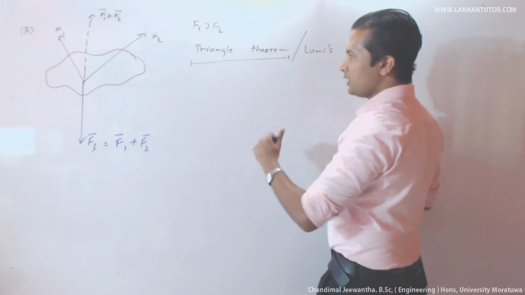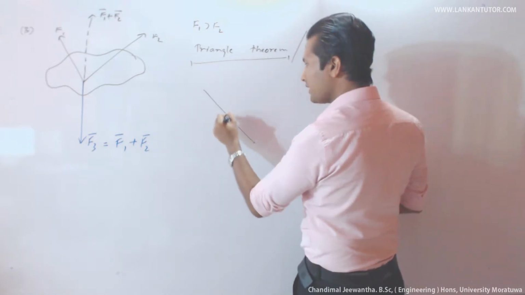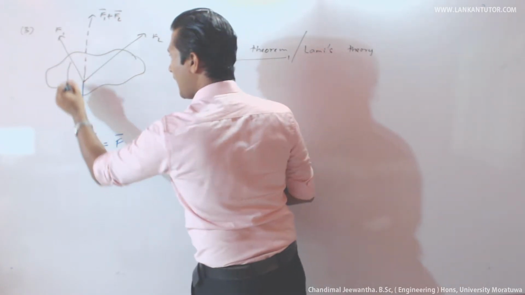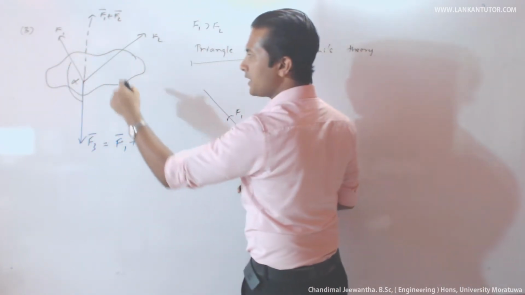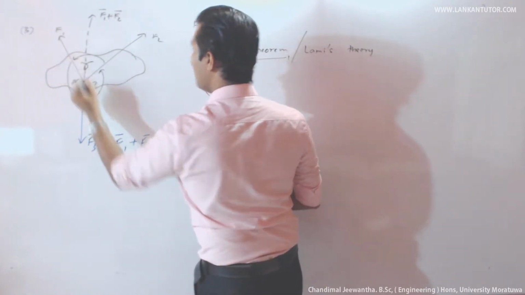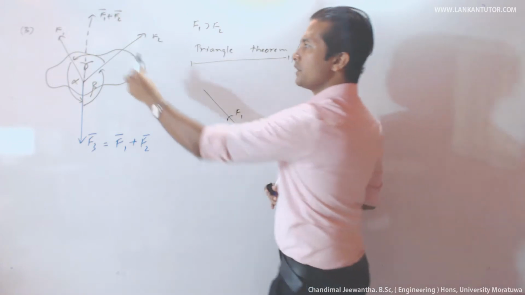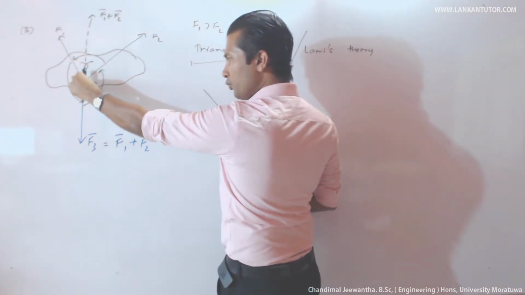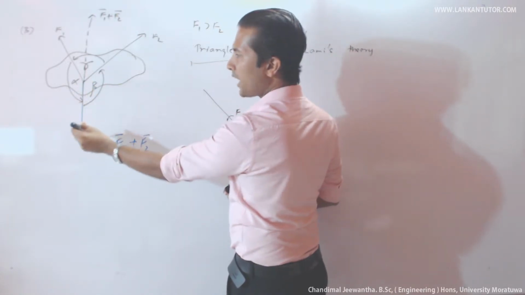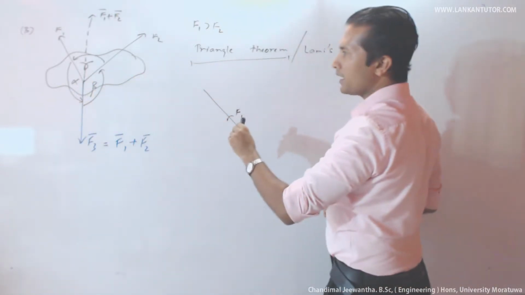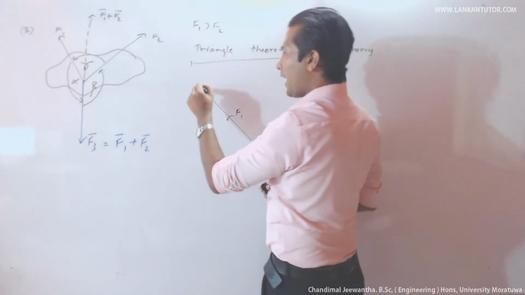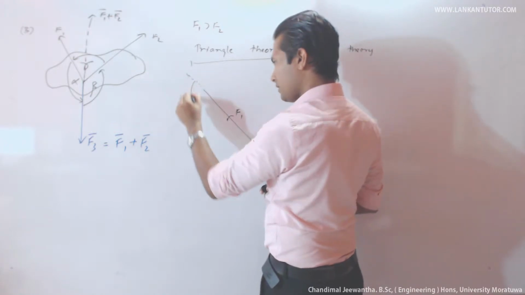For example, F1 should be graphically interpreted just like this. So if you take the angles between the forces as alpha, beta and gamma, when you graphically interpret the force F3, you have to take the alpha angle towards clockwise at the end point of F1.